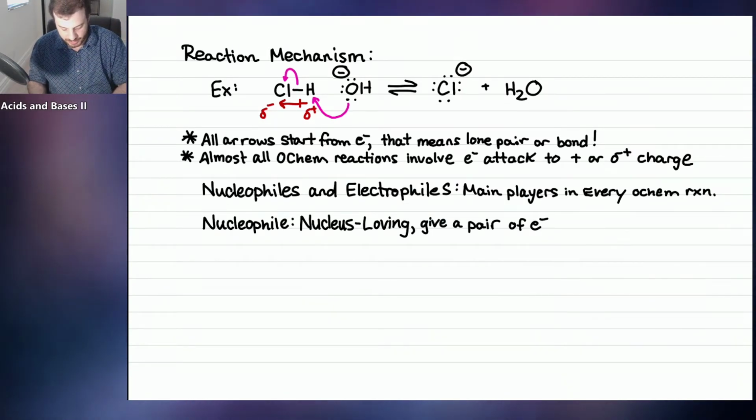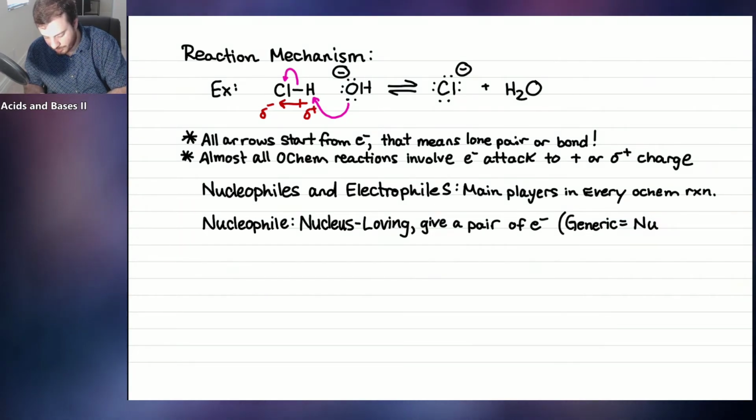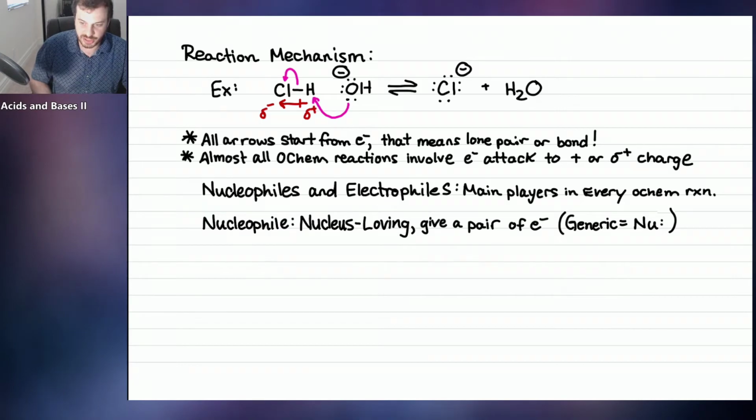So the generic abbreviation for a nucleophile is going to be Nu with a lone pair on it, because generally nucleophiles have a lone pair. Sometimes you'll see a negative charge on the nucleophile, but not all nucleophiles need to be negatively charged. They just need to have a source of electrons to give, either a bond or usually a lone pair.